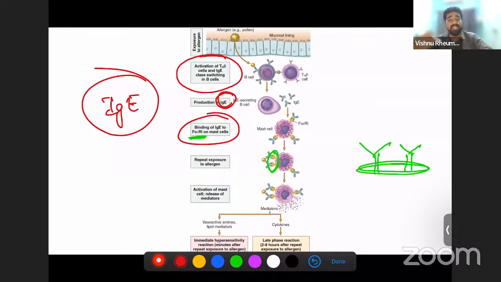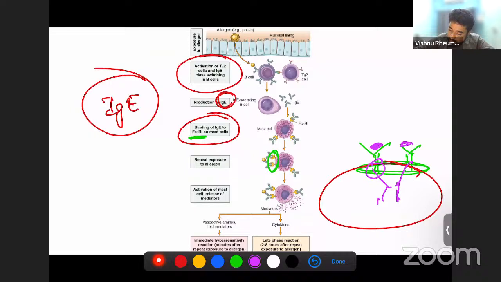Again, this happens after the second exposure, that is a re-exposure. At the first exposure, just the binding on the mast cell surface will happen. Once there is repeat exposure, that antigen will come, signal transduction will happen downstream, and this will lead to mast cell degranulation.